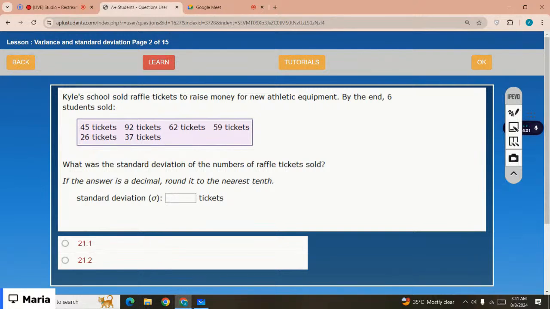The correct option is 21.1. Okay, you can complete the lesson by yourself later today.